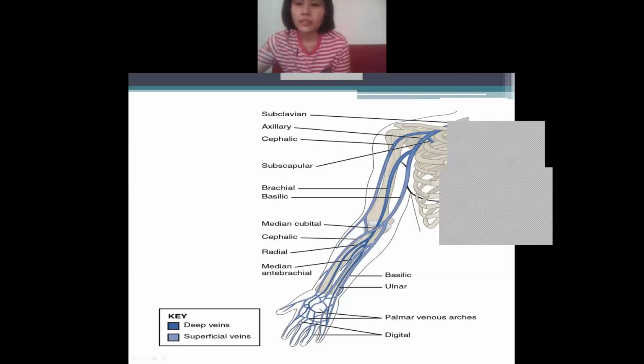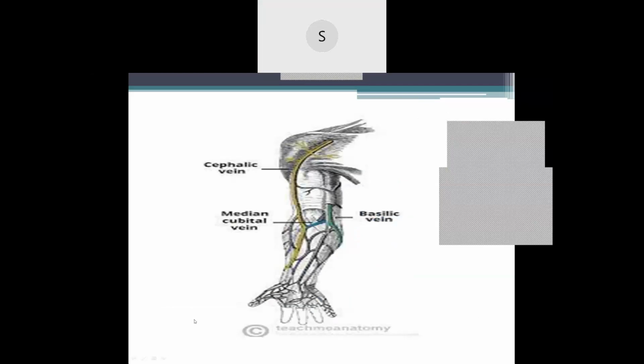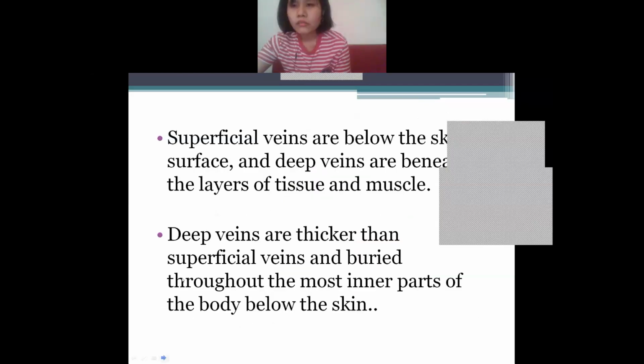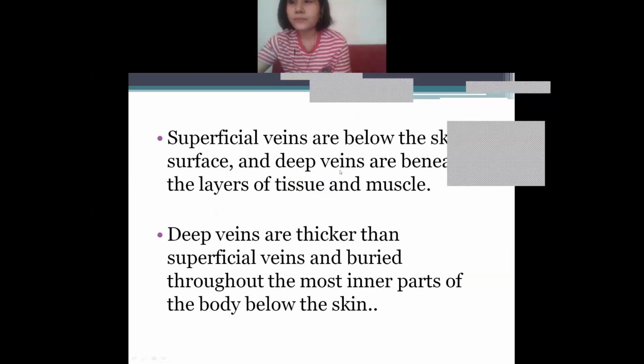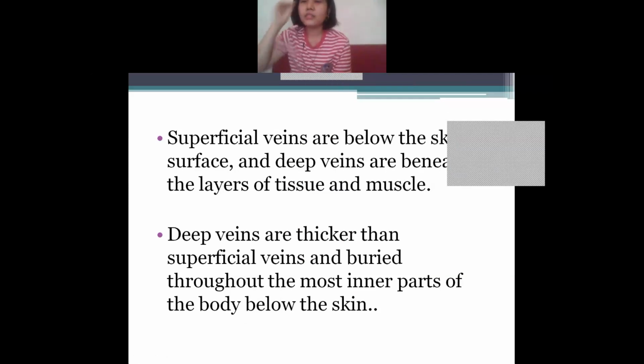Wait, I'll show you again. This one. Can you see it, everyone? The superficial veins lie beneath the skin. And the deep veins lie at the layers of your tissues and muscles. You will always find that the deep veins are thicker, means they are bigger.